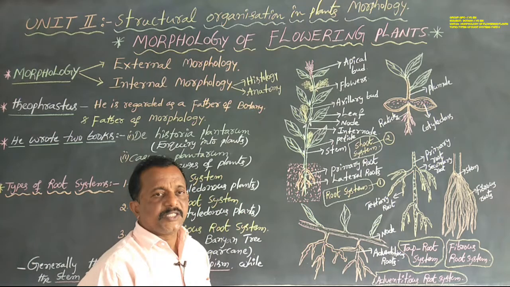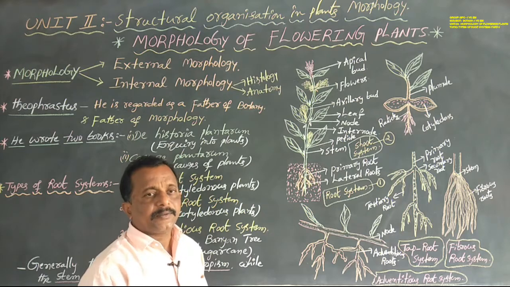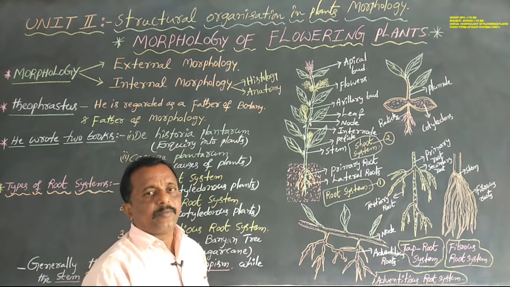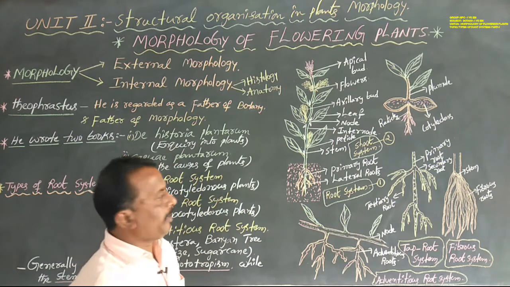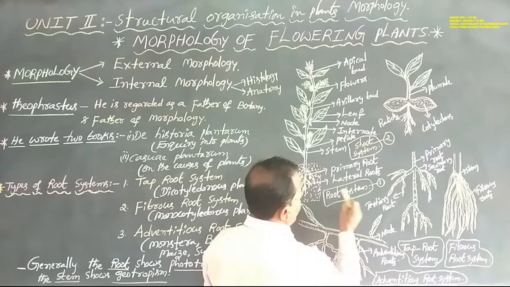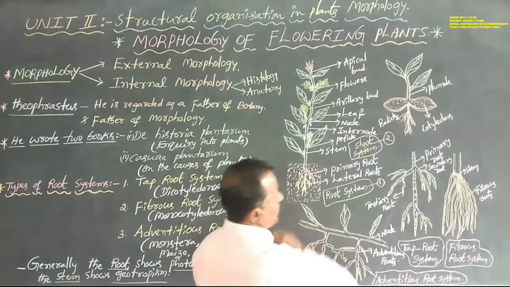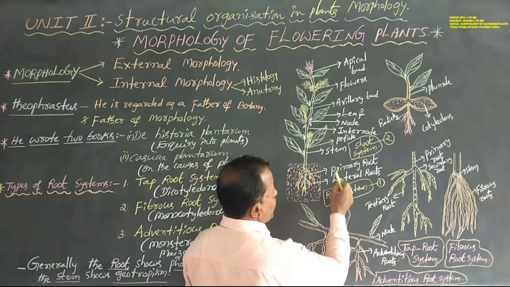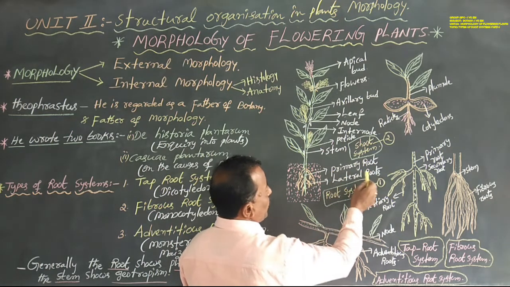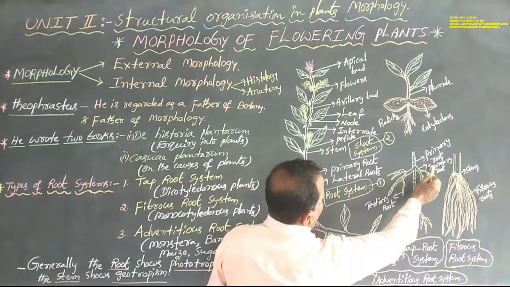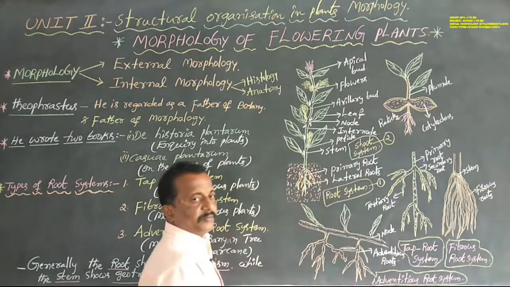In general, the body of a typical higher plant consists of mainly two parts, namely the root system and the shoot system. The root system consists of the primary root and lateral roots, and the lateral roots include secondary and tertiary roots.